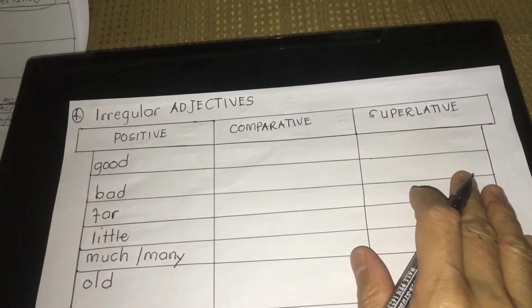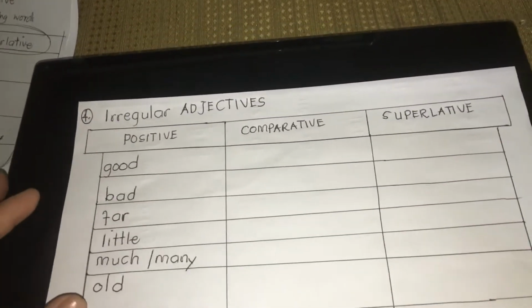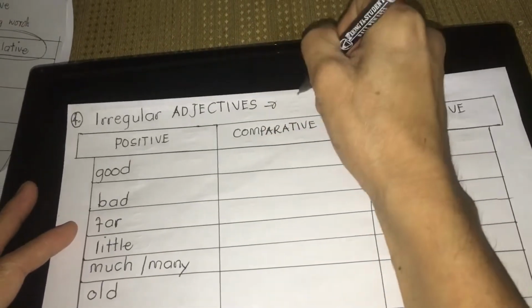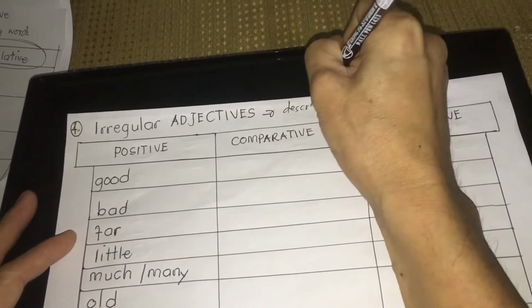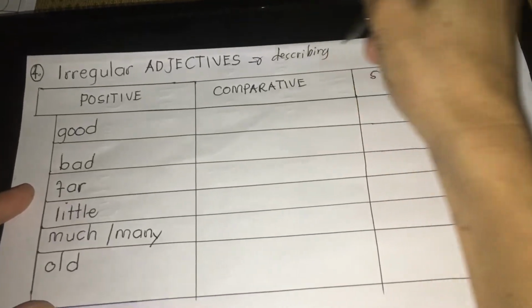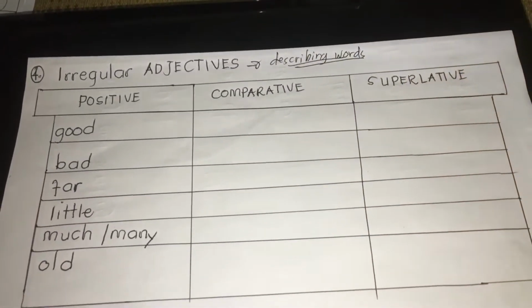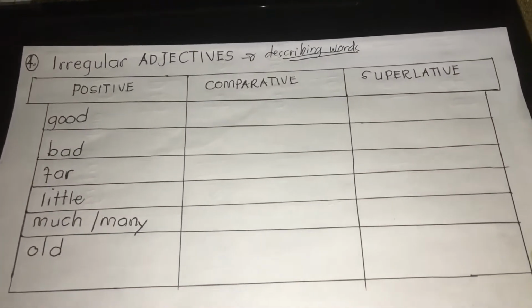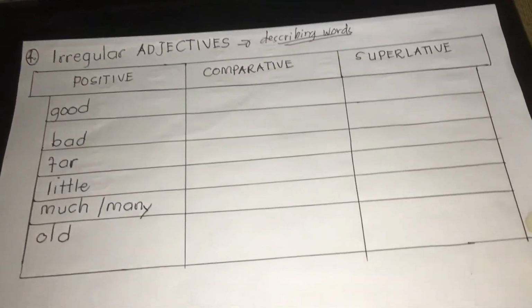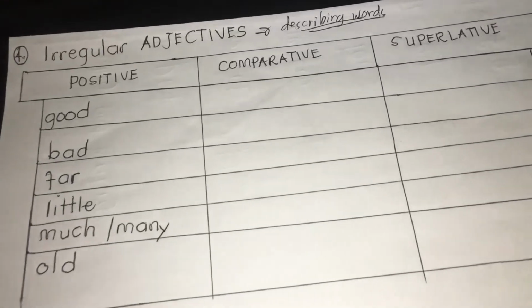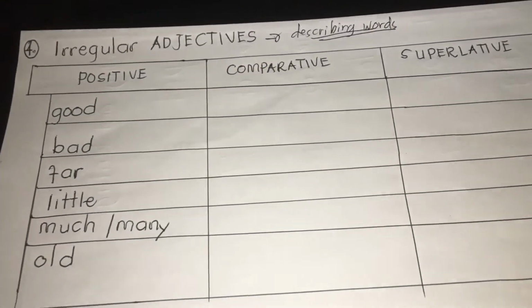In verbs, we have irregular verbs, but in adjectives, we also have describing words. They describe something, whether we are handsome, whether we are ugly, or whatsoever. It refers to a person, to things or objects or whatsoever.